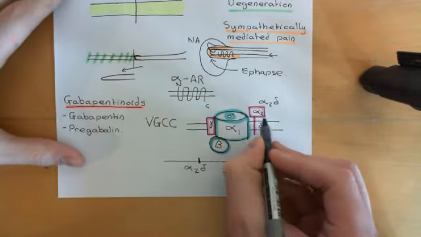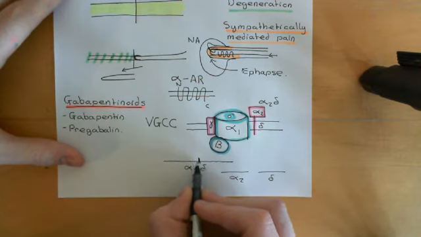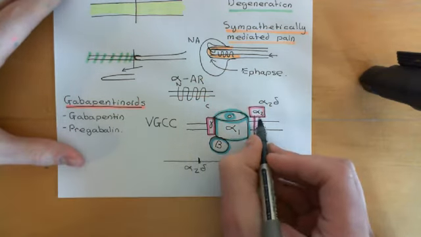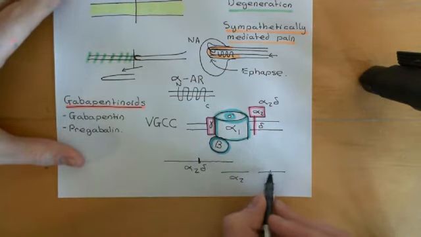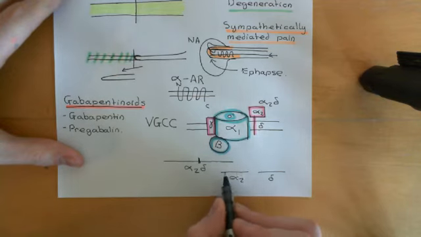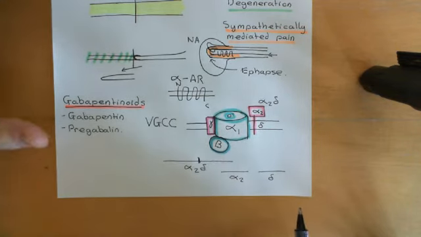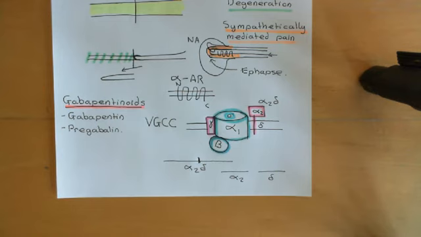But this reattachment is different from the way they were originally attached. It's not a peptide link between the two. Instead, it will be links between the R groups of the delta chain and the alpha-2 chain. And that's why this is considered one subunit, because it is encoded by a single gene. So those are the different subunits of a voltage-gated calcium channel.